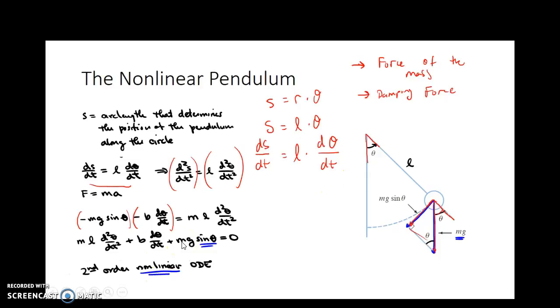It's not so much that we don't have a constant here that creates the problem, but it's not simply mg theta, it's mg times the sine of theta, which makes that a nonlinear function of the dependent variable. Now, theta is the same thing as we've been using in the past. We could call it y, so sine of y would make this thing nonlinear.